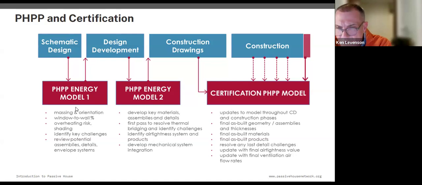The last thing I would note about that is I need to update these two slides. I will note that going into construction, there's something called design assurance that you can get. So you take the construction documents and the energy model and give it to the certifier and say, can this be certified?